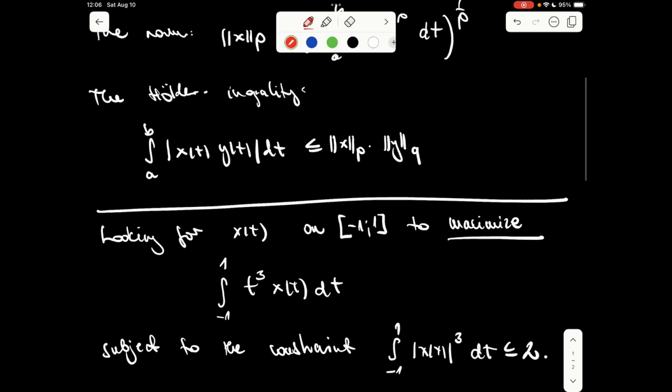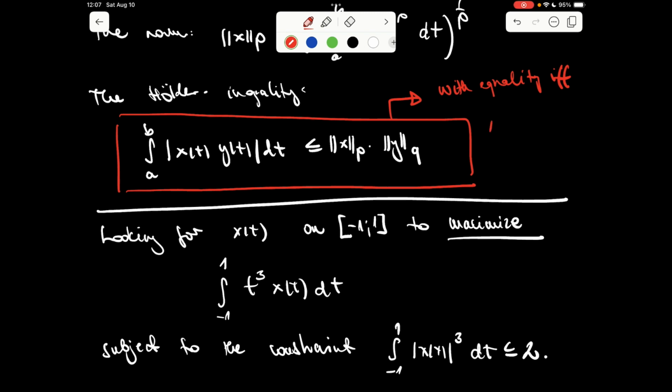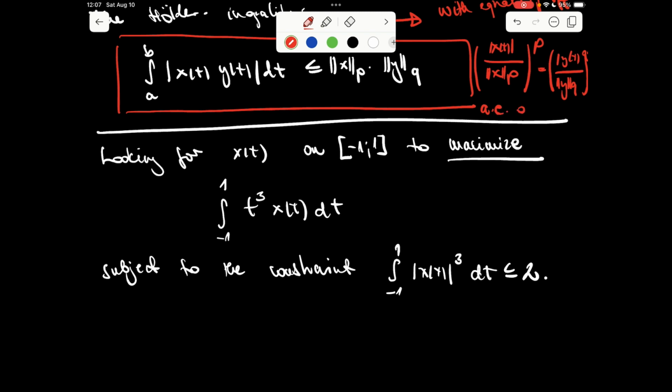So in this form, we need this form of the Hölder inequality with equality if and only if this equality holds, almost everywhere on the interval AB.